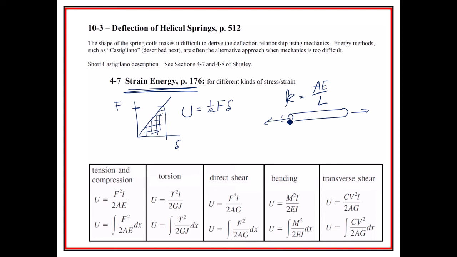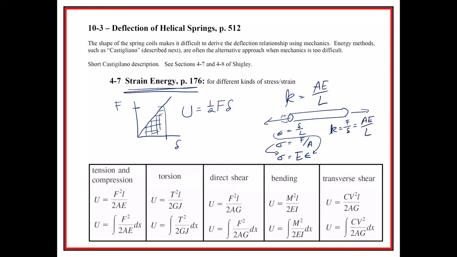We'll recall that could be found from the fact that our strain is del over L, and our stress is equal to F over A, and we know that stress and strain are related by Hooke's law, right? So just putting those back in there, we were able to rearrange, and knowing that k is equal to F over del, we get AE over L, right?